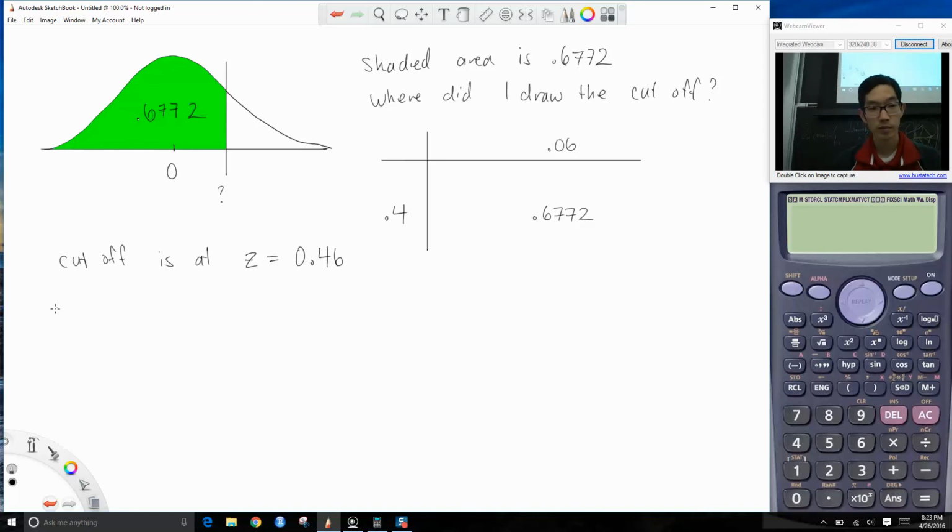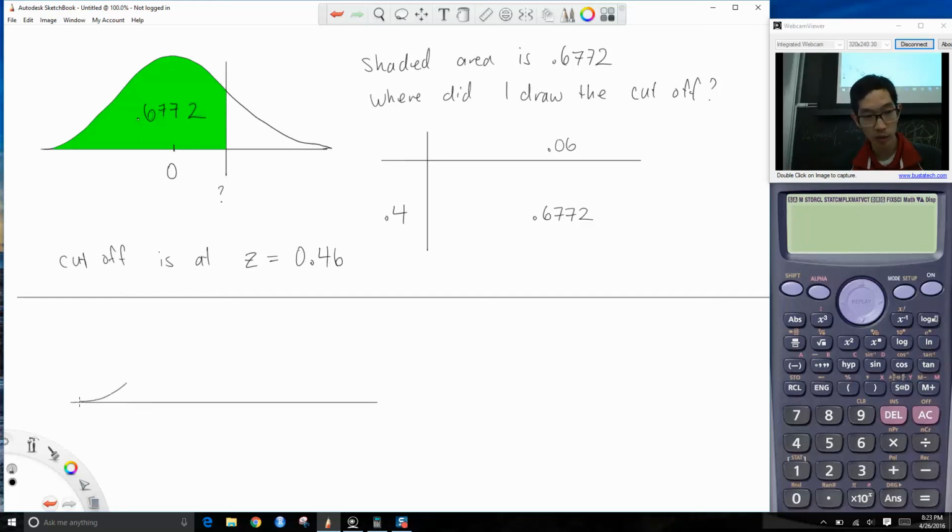Now, sometimes the area that we give you will not have all 4 digits. So it might look something like this, and we'll say this area is 0.34. So now again, where is the cutoff?